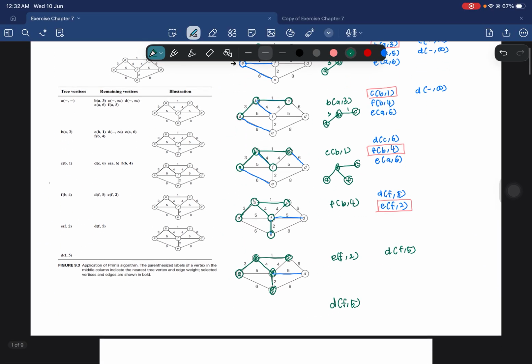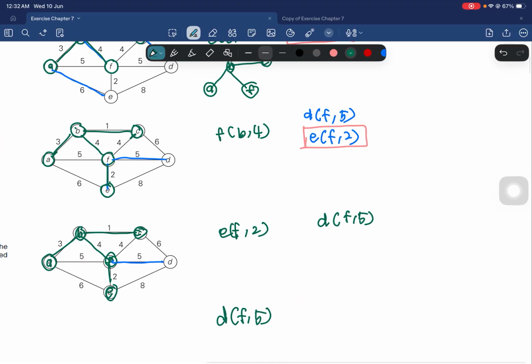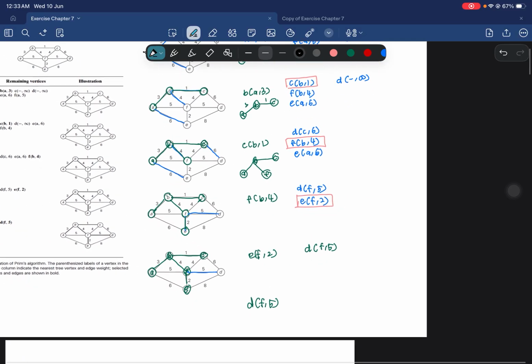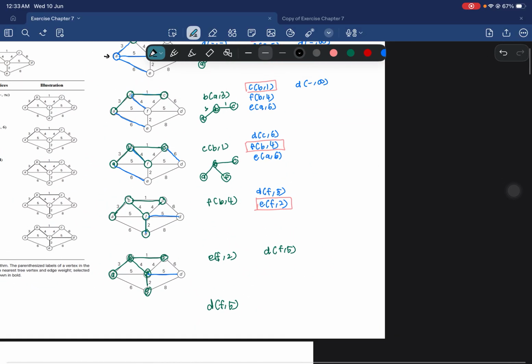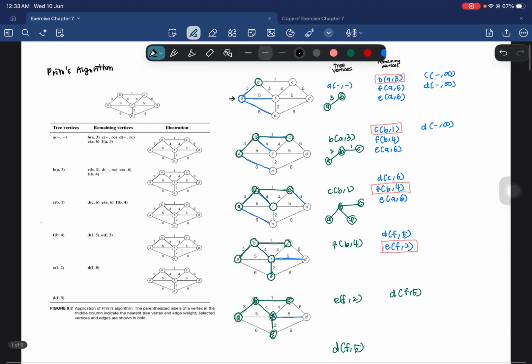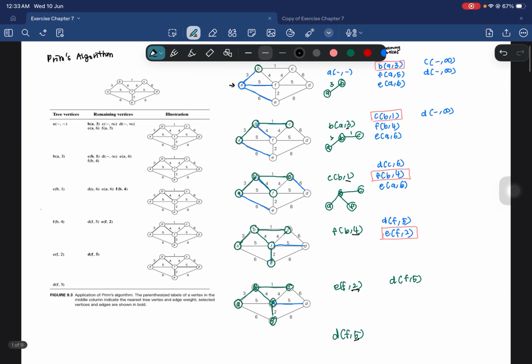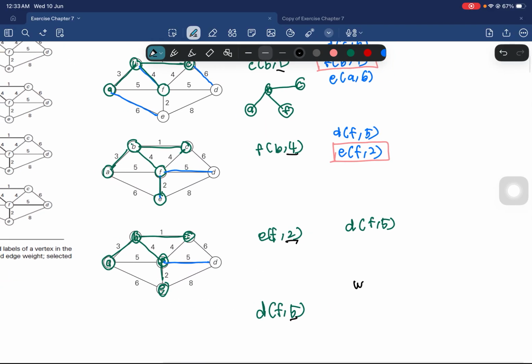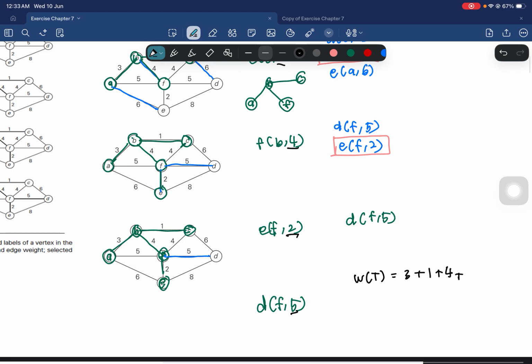And then from here, we need to find the weight. Right. To find the weight, we just add 3, plus 1, plus 4, plus 2, plus 5. So the weight is 3 plus 1 plus 4 plus 2 plus 5.